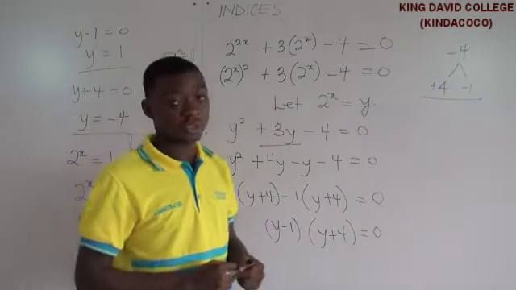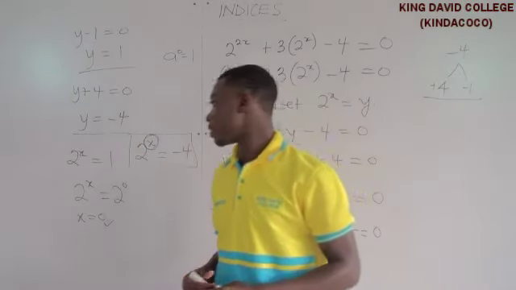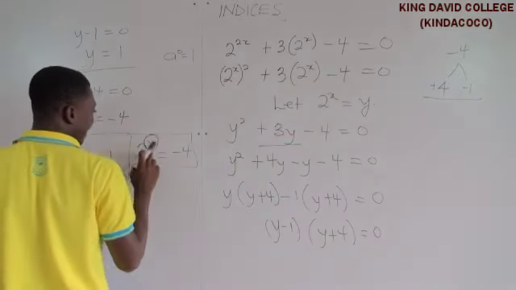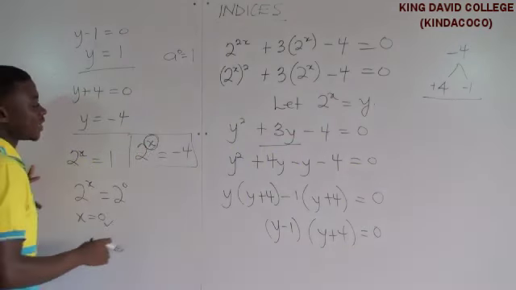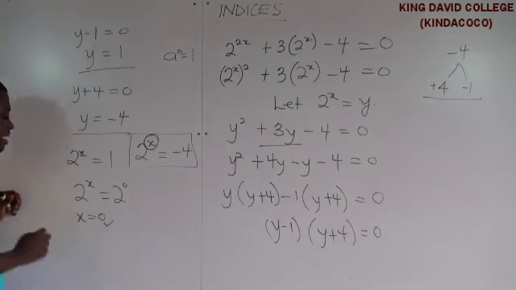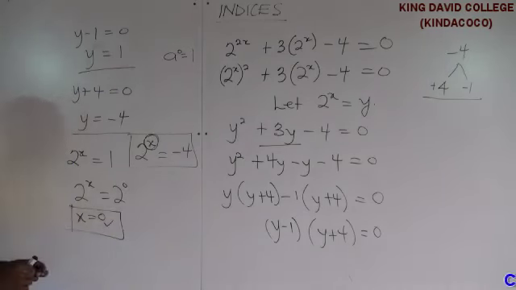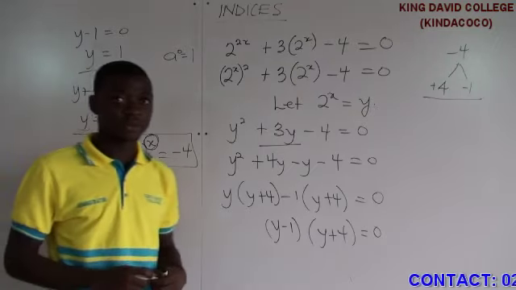No, it's not going to be possible. So there is no value for x I shall raise that is going to give me negative 4. Hence, the right answer for this our question here is x is equal to 0.